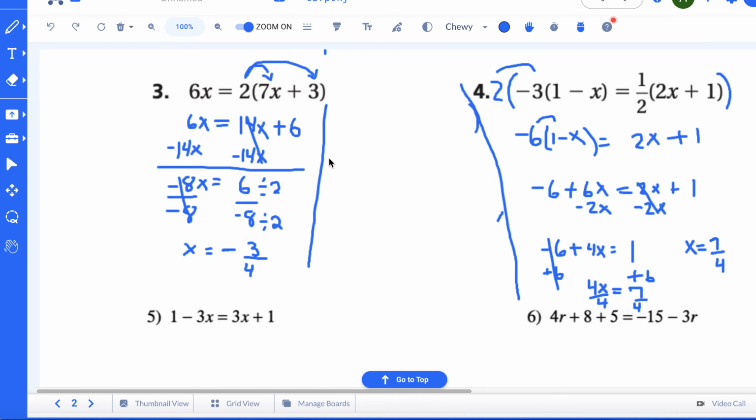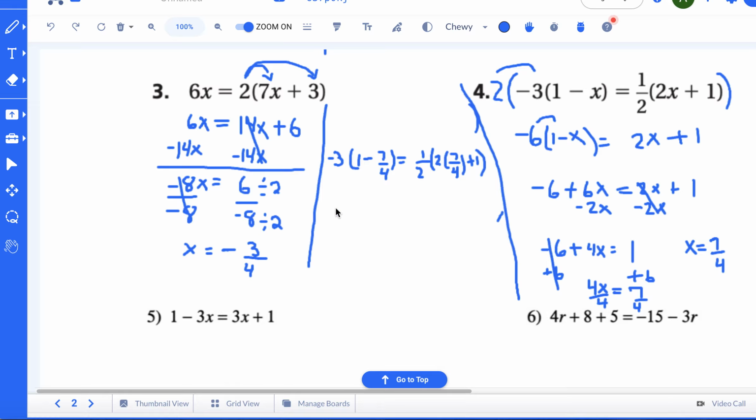So you have negative 3 parentheses 1 minus x, but x is 7 over 4, so I'm just going to write 7 over 4, equals 1/2 parentheses 2 times 7 over 4 plus 1 close parentheses.